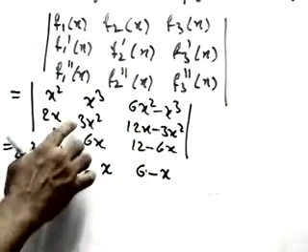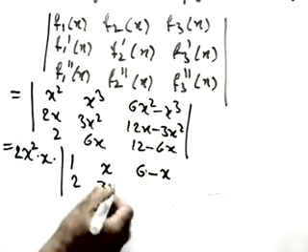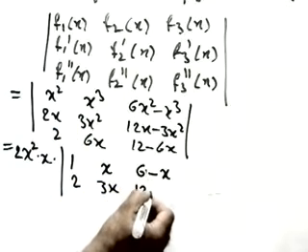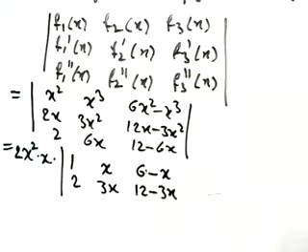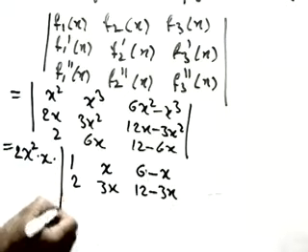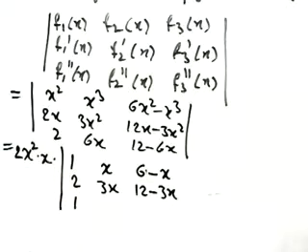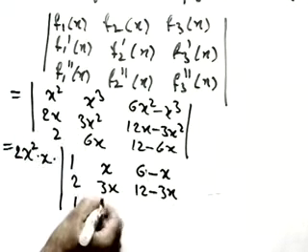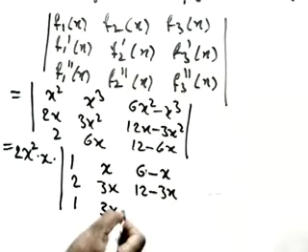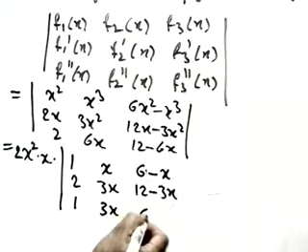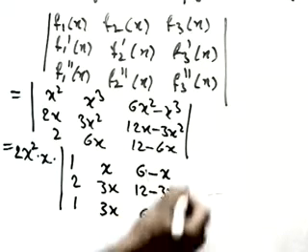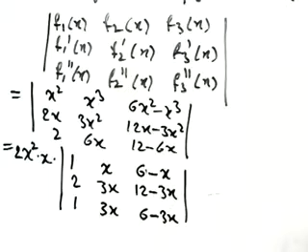Now from the second row we have taken common x, so it is left with 2, here 3x, here 12 minus 3x. For the last row, we have taken 2 common, so here we are left with 1, here 3x, and here 6 minus 3x.